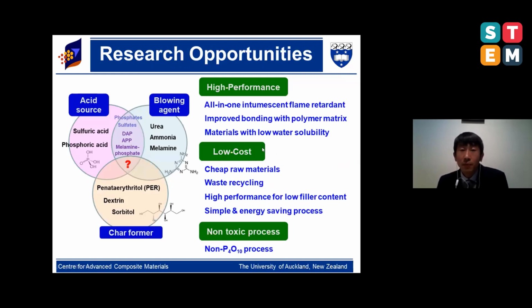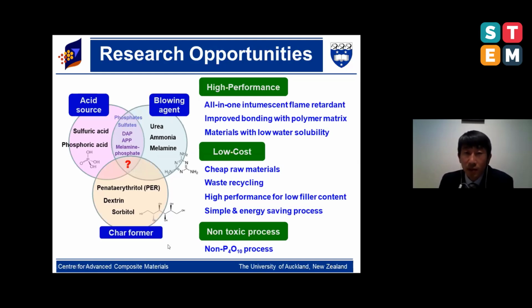Among the phosphorus-based flame retardants, the intumescent flame retardant is popular these days because of its lower toxicity and high performance. The intumescent flame retardant is composed of three constituents: acid source, gas source, and char former.